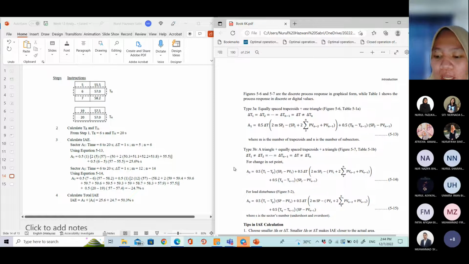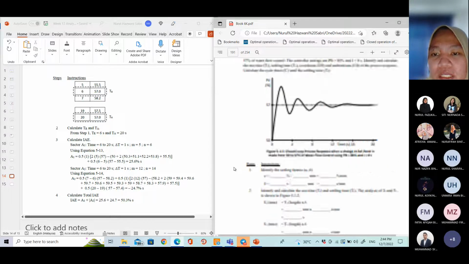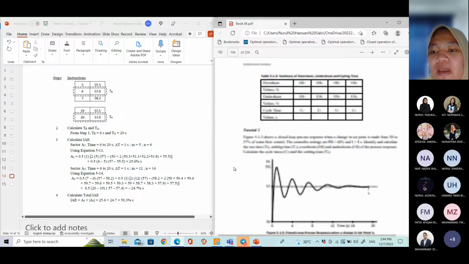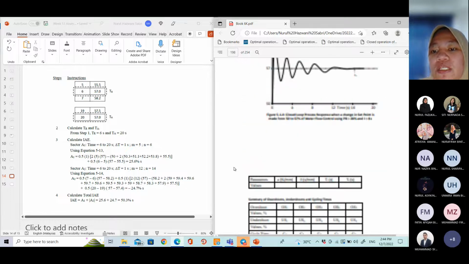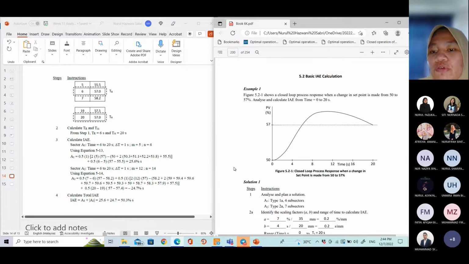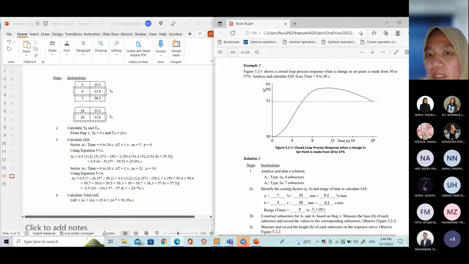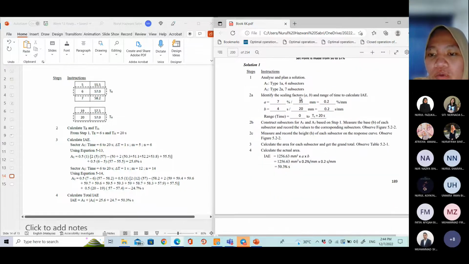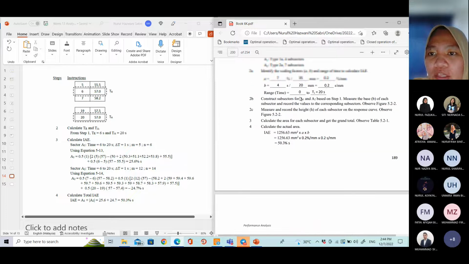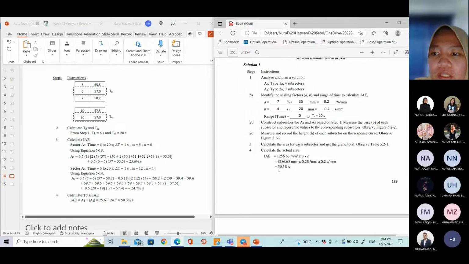You can see that value is the same as the value you calculated using the graphical form in the previous example. It is basically the same thing, one in graphical form, the other in table form.